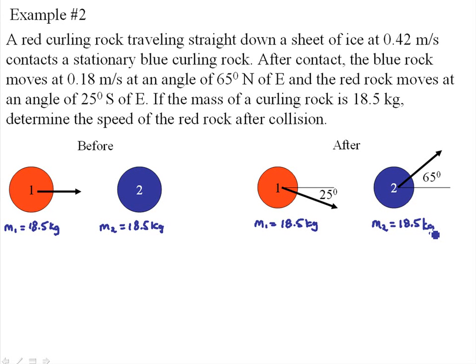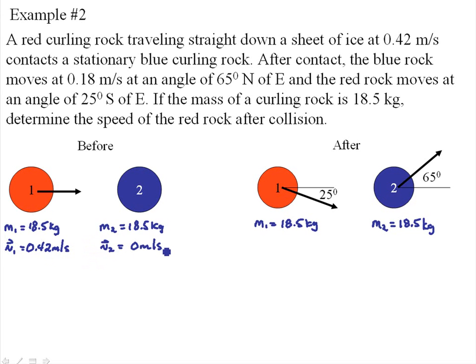The red curling rock is traveling down at 0.42 meters per second. So now we know the velocity of object 1, 0.42 meters per second. The velocity of object 2 is stationary, so it's 0 meters per second.